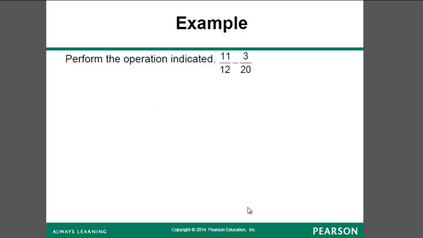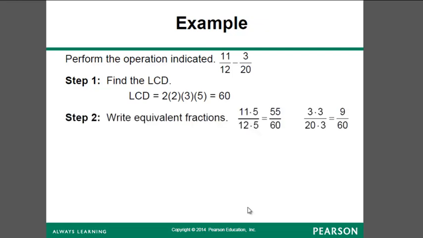Let's look at 11/12 minus 3/20. They do not have a common denominator, so I need to find their least common denominator between 12 and 20. The least common denominator in this case is actually going to be 60. And now I need to write equivalent fractions, making sure that the denominators become 60.